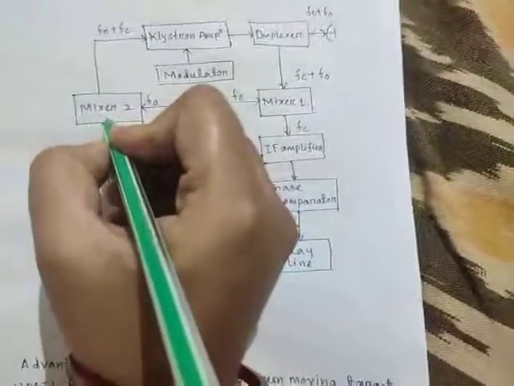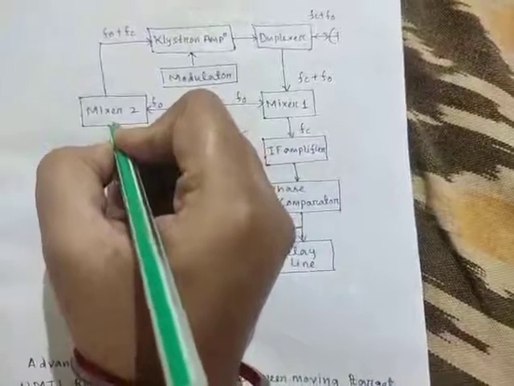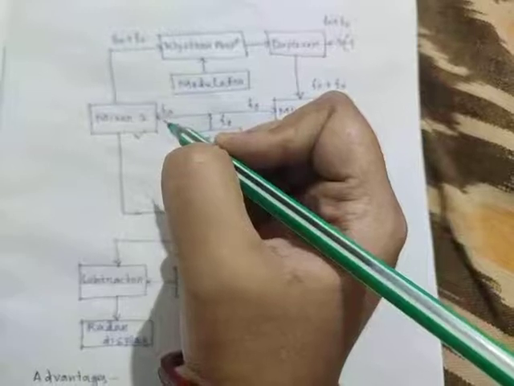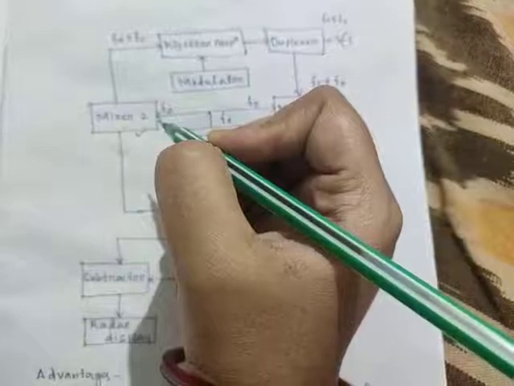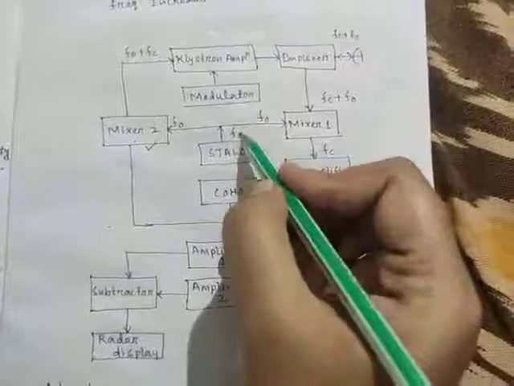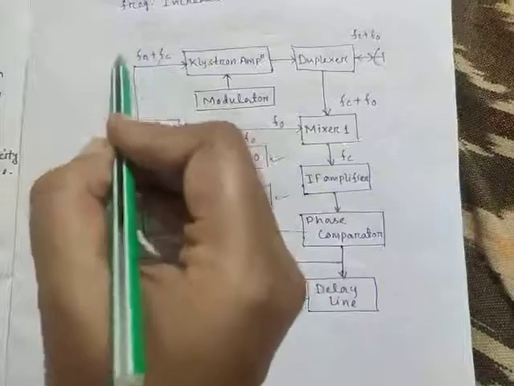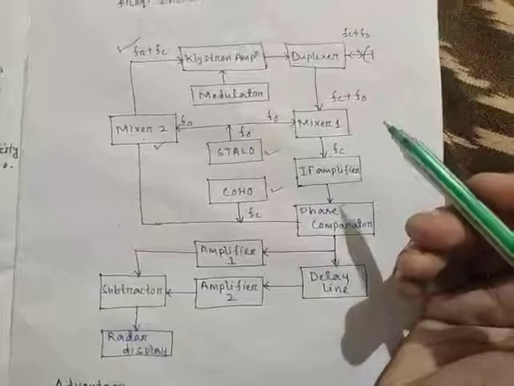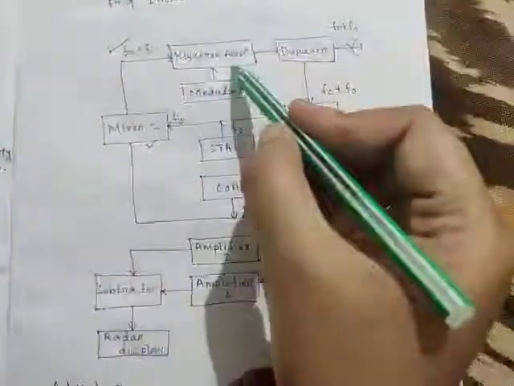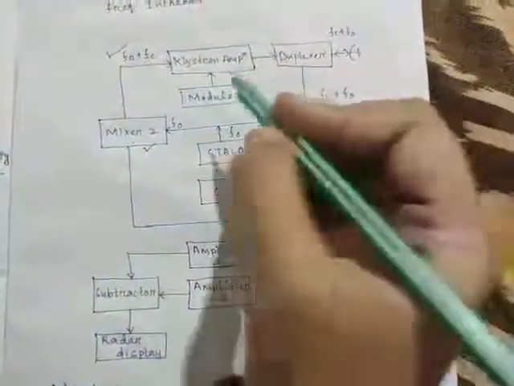So, first we go for mixer 2, which is a part of the transmitter section. Mixer 2 generates the transmitter frequency, which is obtained by the sum of frequencies produced by the Stalo and Coho, means F0 and Fc. The sum of F0 and Fc is the output of mixer 2. Then the output of mixer 2 is given to the klystron amplifier.